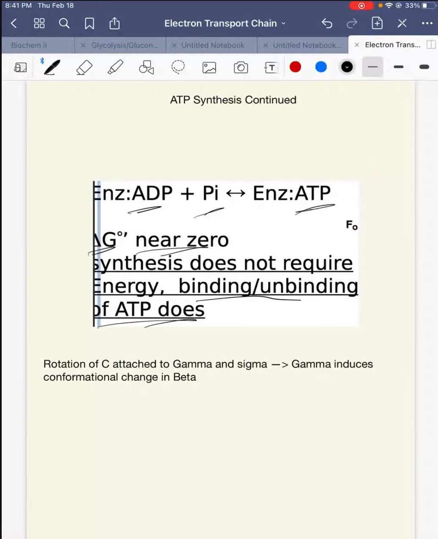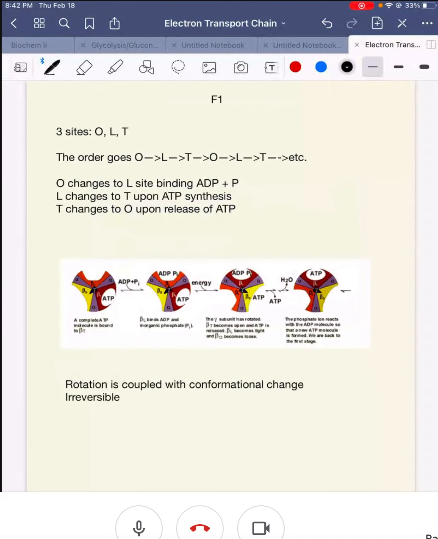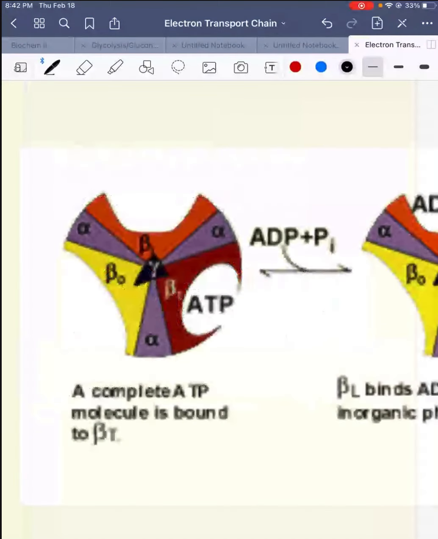Okay, so now we have protons from the intermembrane space going inside the matrix, and then we create this torque, and it allows the spinning of the beta subunits of F1. So for F1, the beta subunits, let's zoom in on this just to briefly go over it.